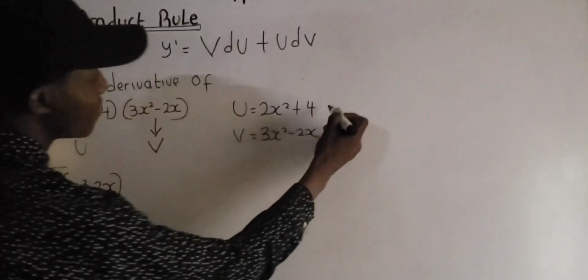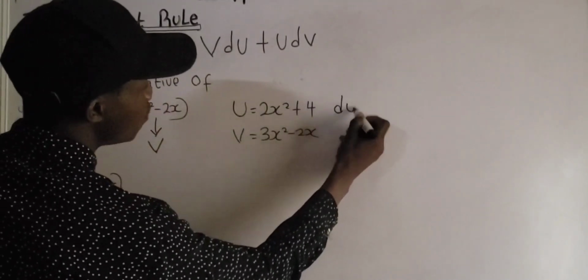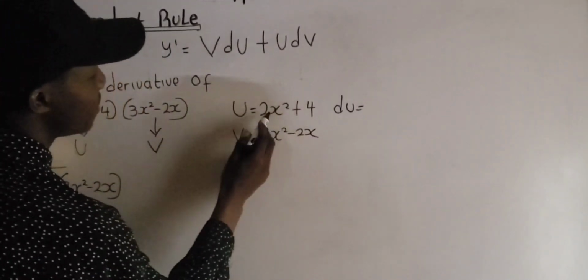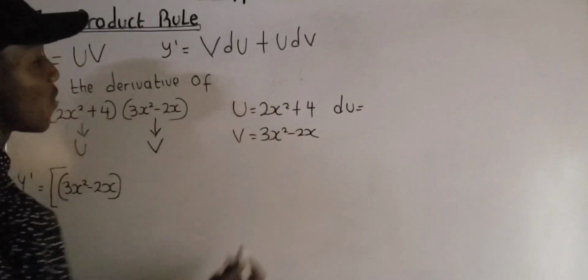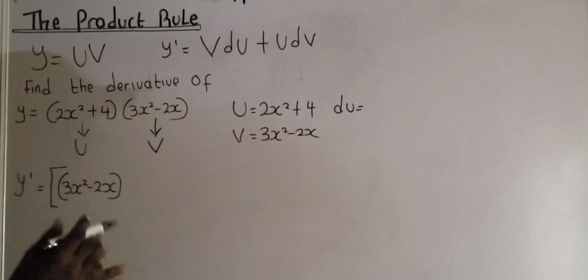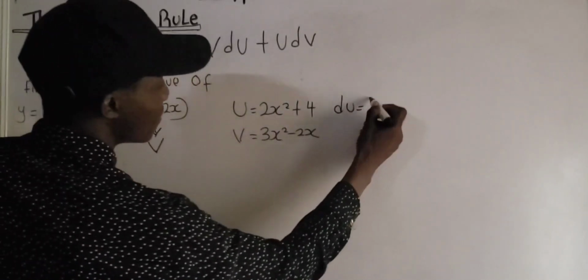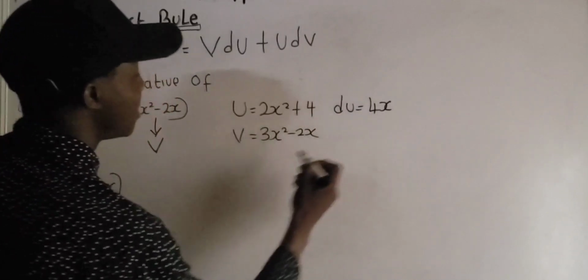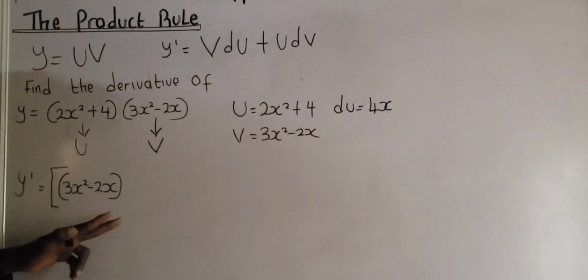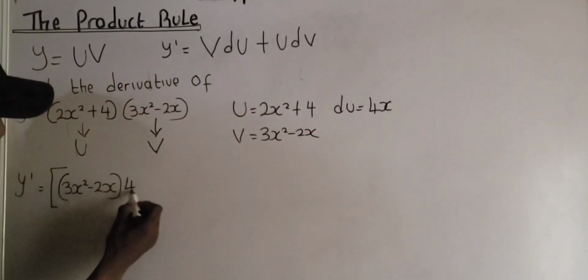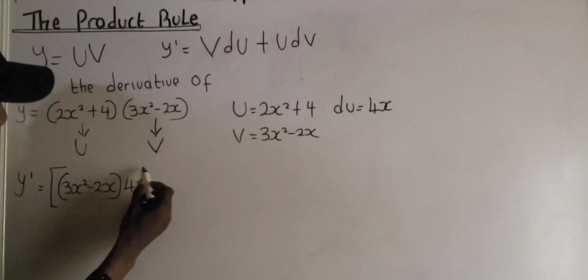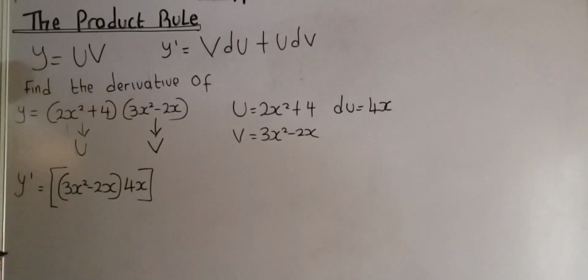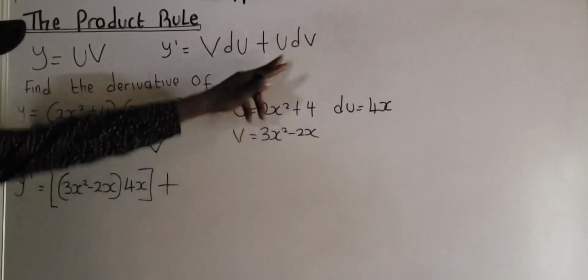Now let us take the derivative of u. Derivative of u is equals to, if you differentiate 2x squared plus 4 using the power and the polynomial rule, you are going to get 4x. You understand? So derivative of u is what? 4x. So I'm going to have 4x here plus u.